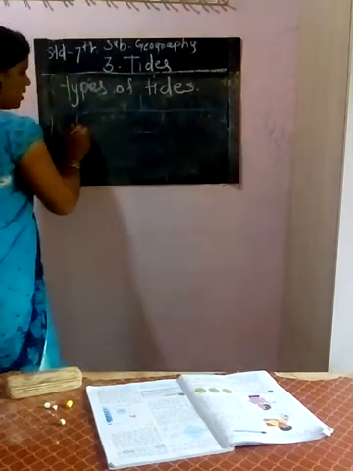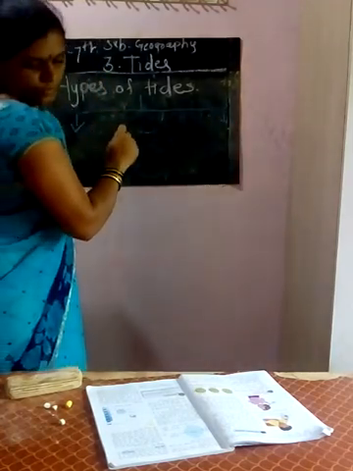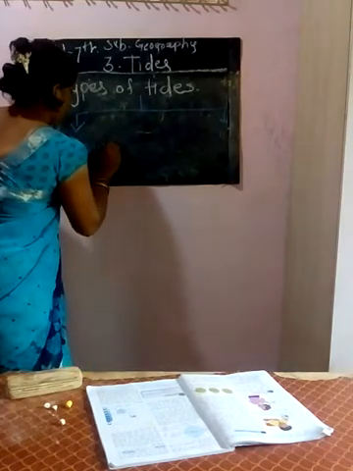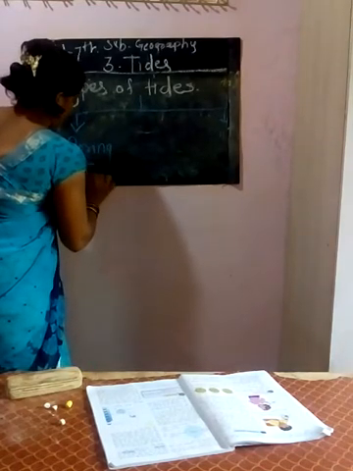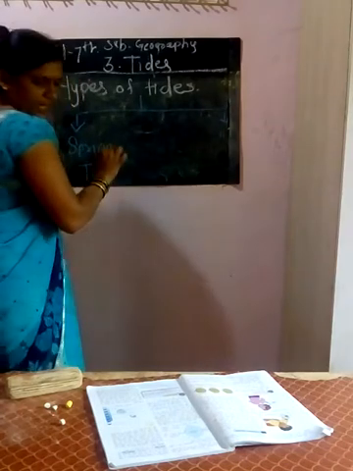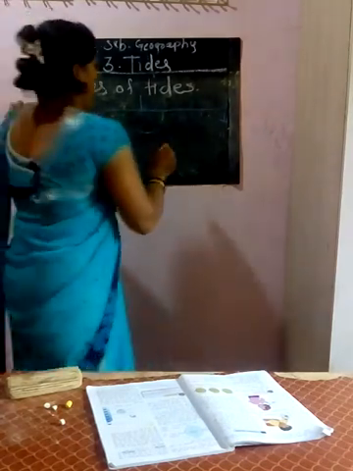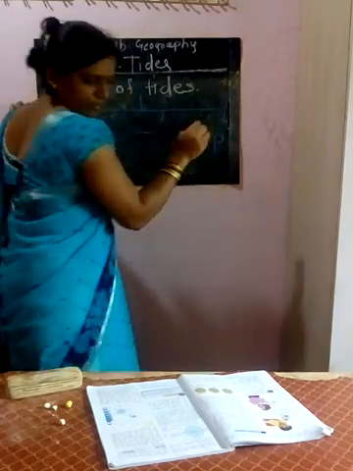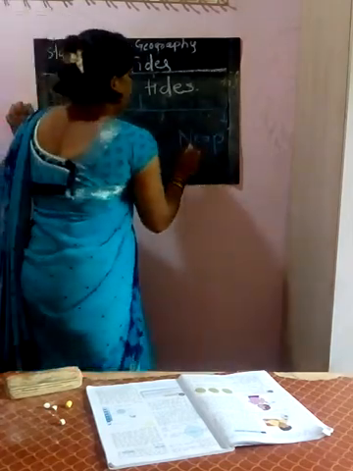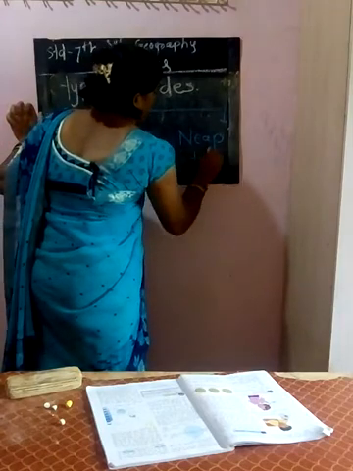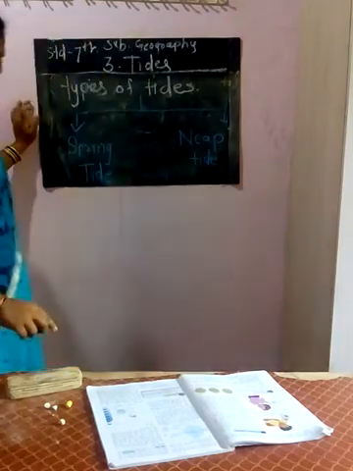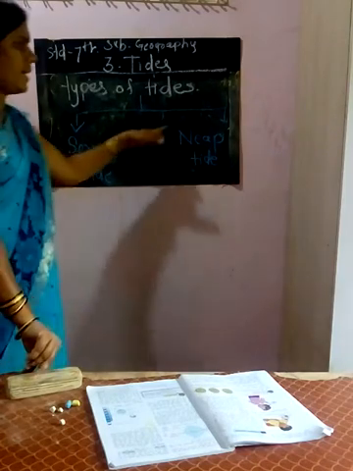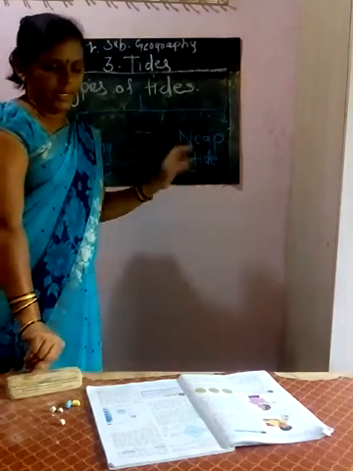First is the spring tide, and second is the neap tide. How many types of tides? Two types of tides. First is the spring tide and second is the neap tide.